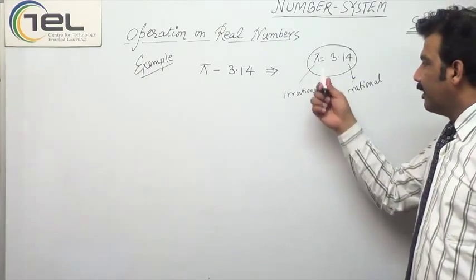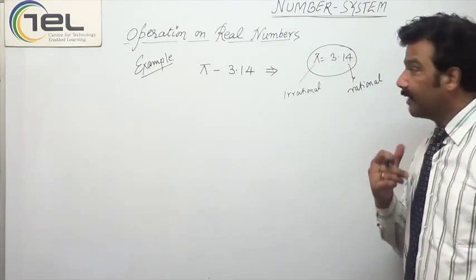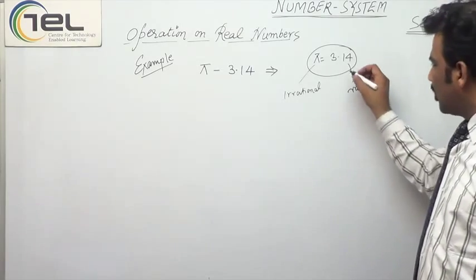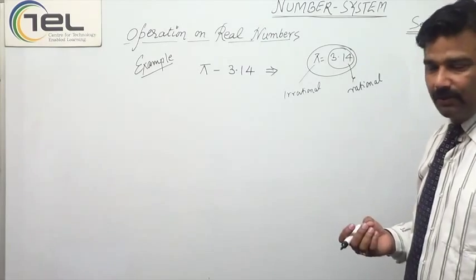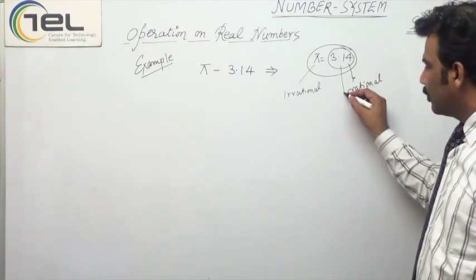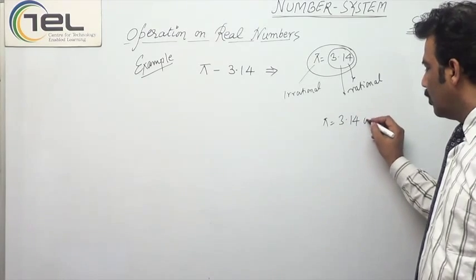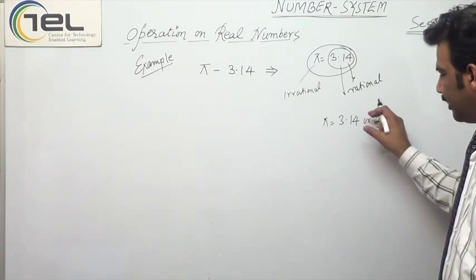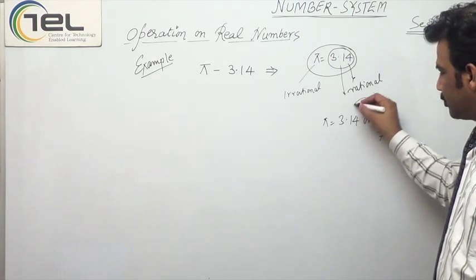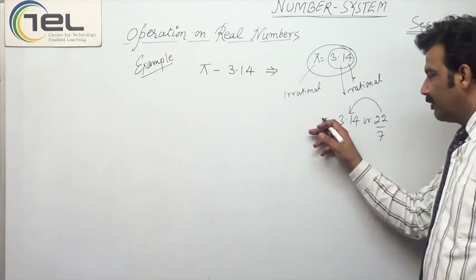Now, how can an irrational number be equal to a rational number? But we have been given like this. Why? Because we had to solve a question, and just to make our question easier, we give pi as 3.14, or normally we take it 22 by 7. The two decimal places of 22 by 7 result in this one. So this is how we have the value of pi.